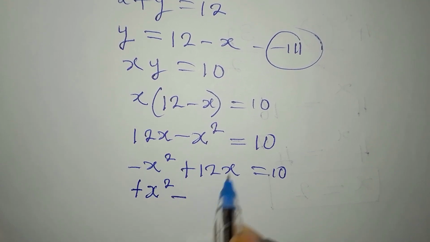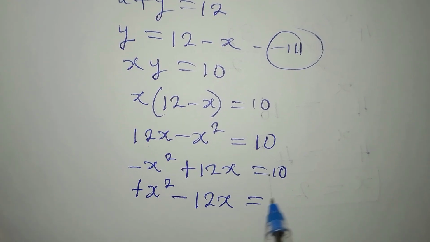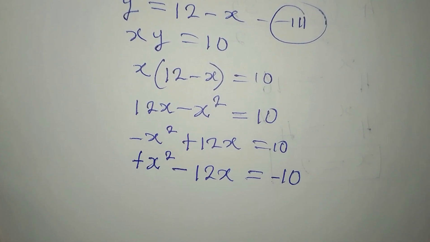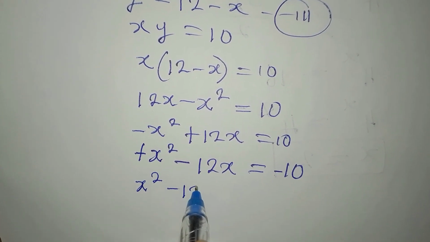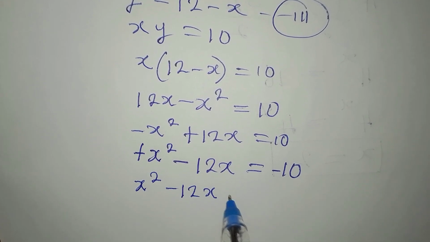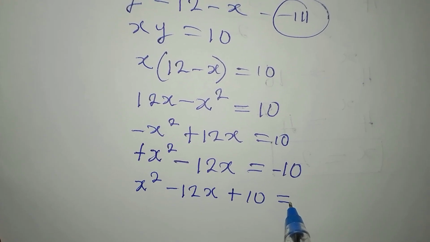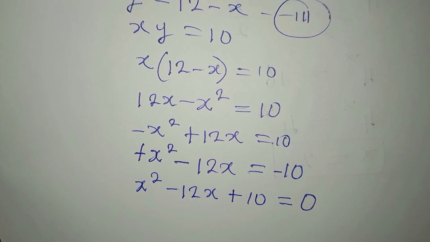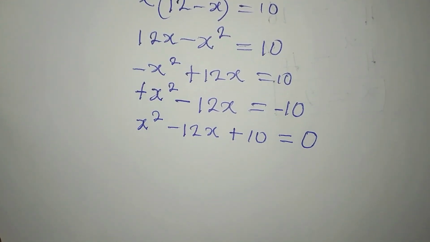Then minus multiplied by this will give us minus 12x. Then that will give us negative 10. Now let us rearrange. We have x squared minus 12x plus 10, and it is equal to 0 because there's nothing else on the right hand side.